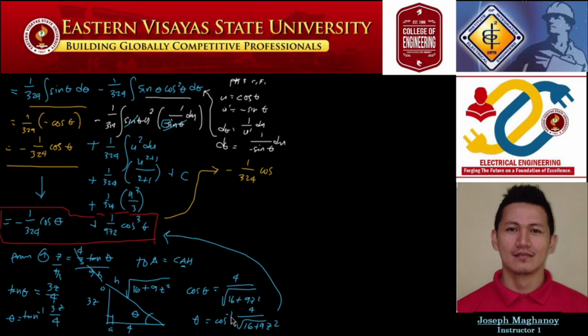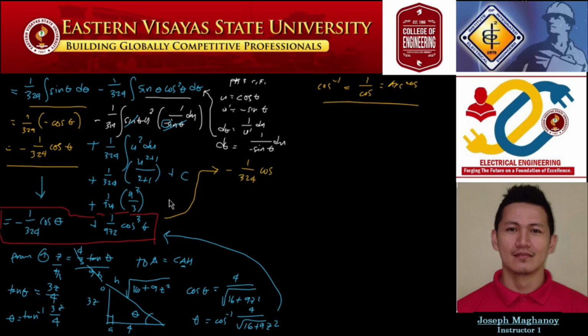Cosine -1 is a reciprocal of your cosine. You can rewrite cosine -1, which is equal also to 1 over cosine, or they read it as arc cosine, arc cos, but they are all the same.